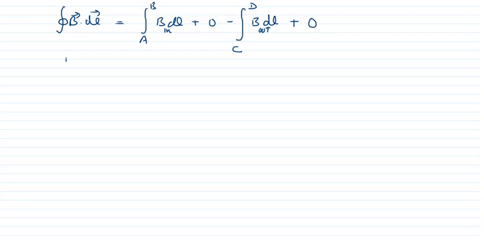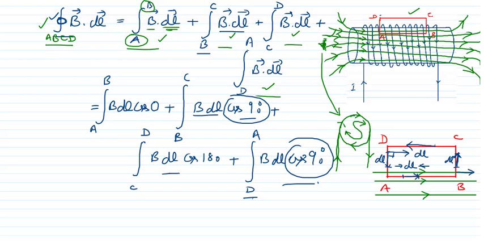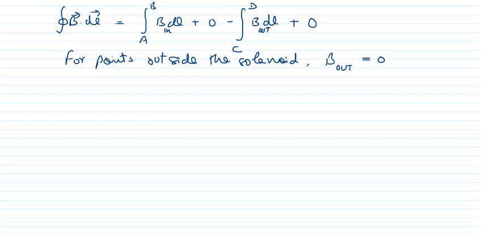So therefore one thing to be noted is that for points outside the solenoid, B out is always equal to 0. It means just outside the solenoid the magnetic field will be 0.